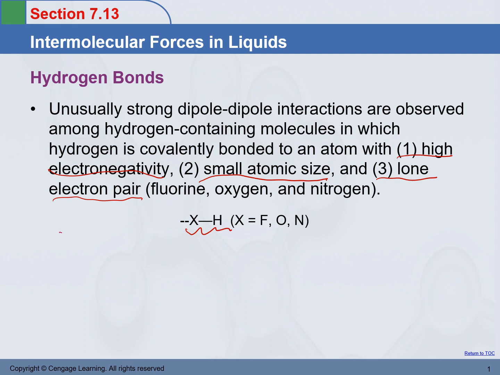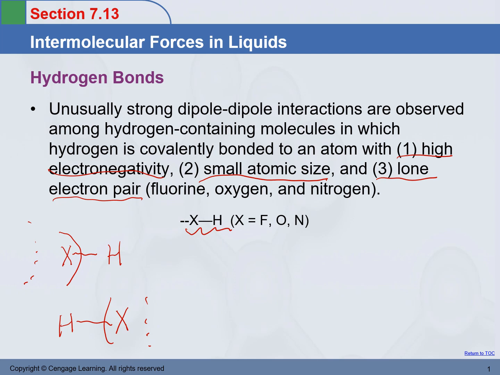What is in this part of the molecule, I don't care, but I need to have a unique atom X bonded to hydrogen. This represents one molecule. I'm going to draw another one here. This represents another molecule. Again, what is here for the molecule, I don't care. I only focus on the bond between hydrogen and the unique atom.